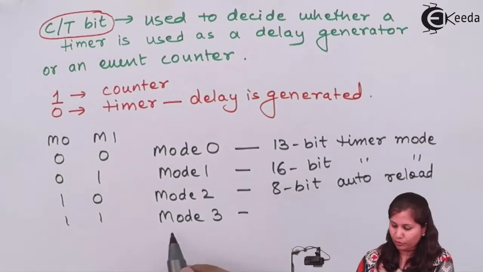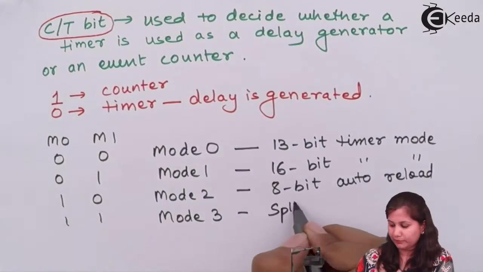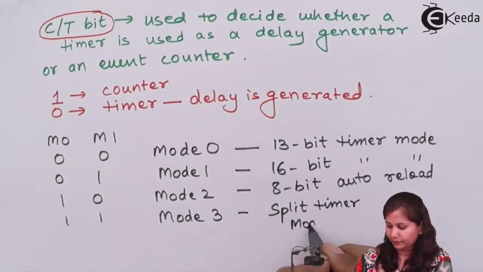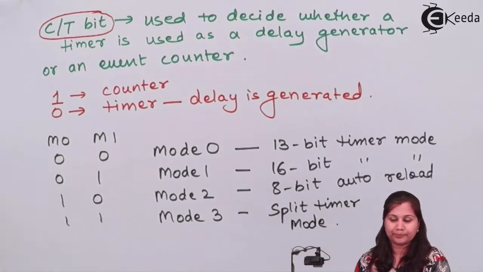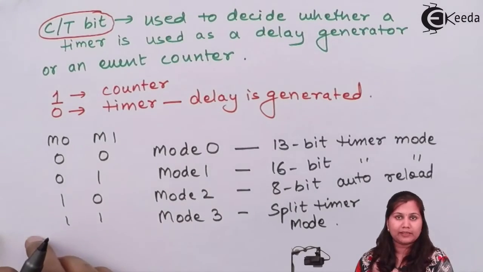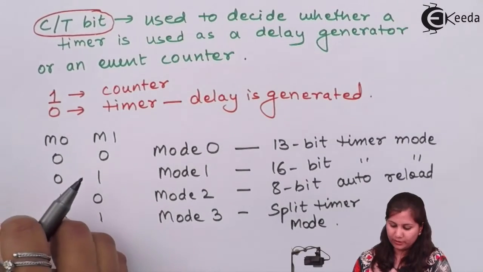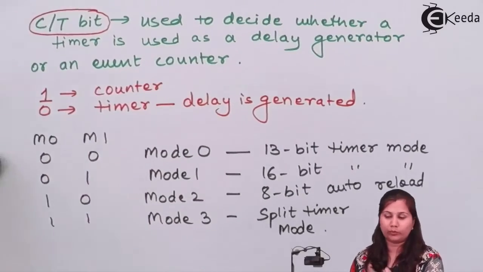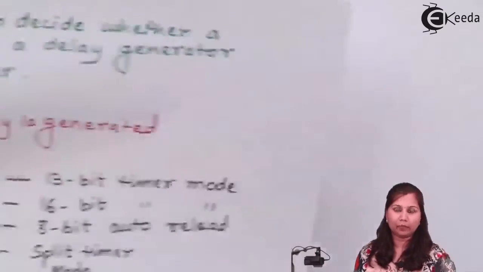And mode 3 is called the split timer mode. Let us study how the timers function in these modes. First, we will study mode 1, which is the 16-bit timer mode.